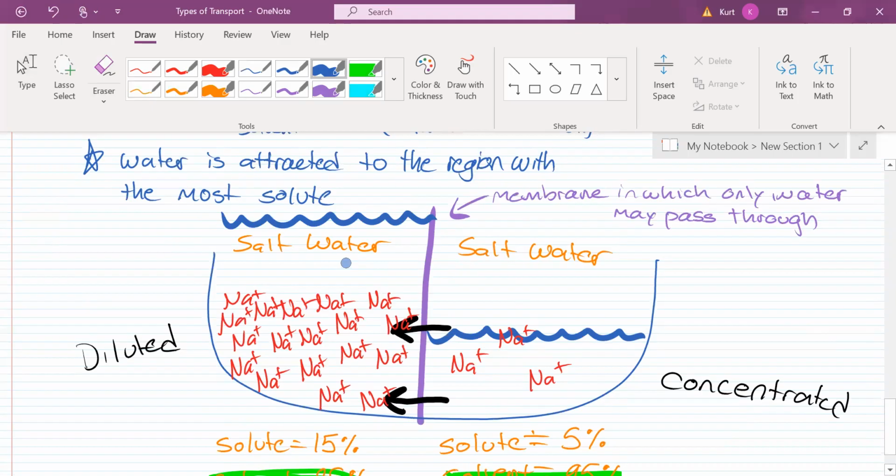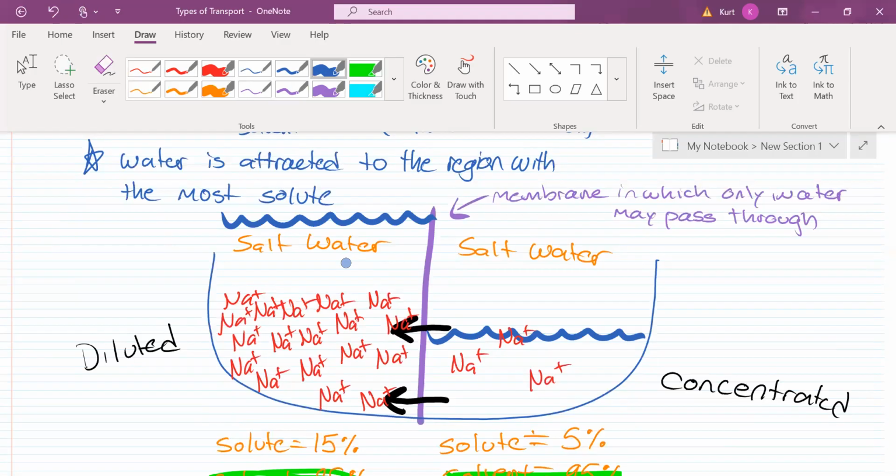So if I were to give you another analogy here, imagine you have a bathtub filled with food coloring, okay? And it's a bright green. What would happen to the color of that green if you turned on the faucet and allowed more water to fill the bathtub? Would the green get brighter, which would mean it's more concentrated, or would it start to fade away, which means it's starting to dilute?